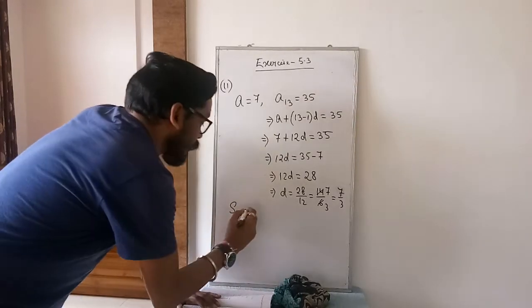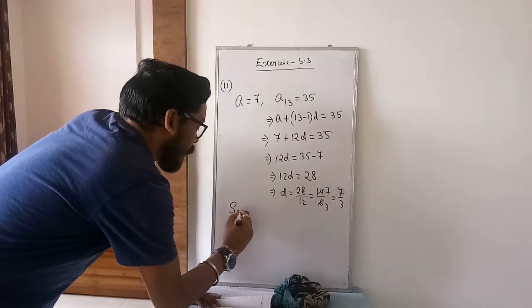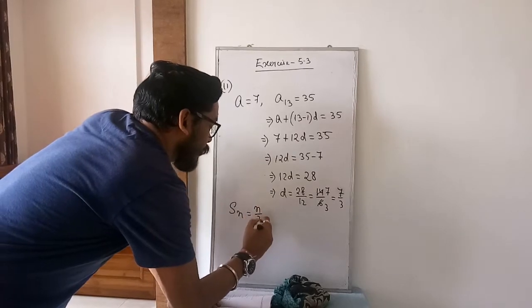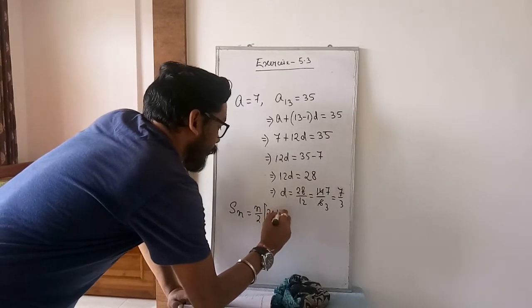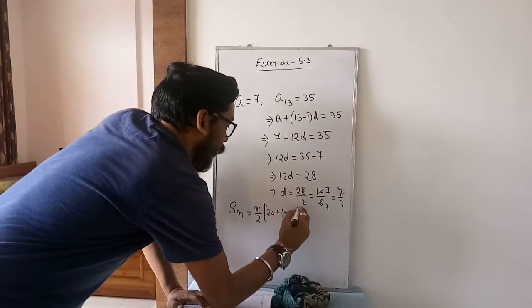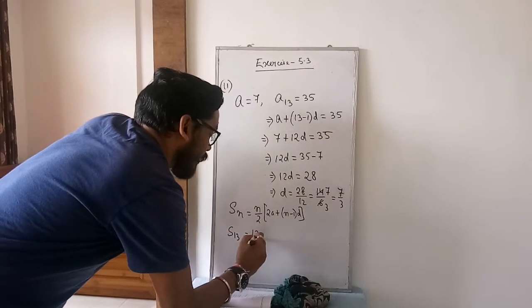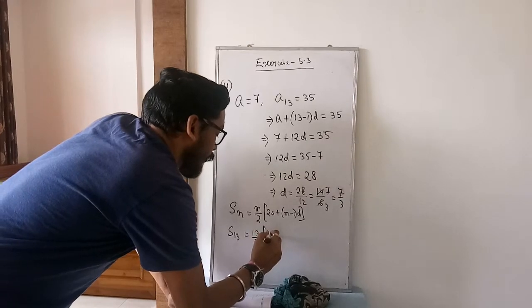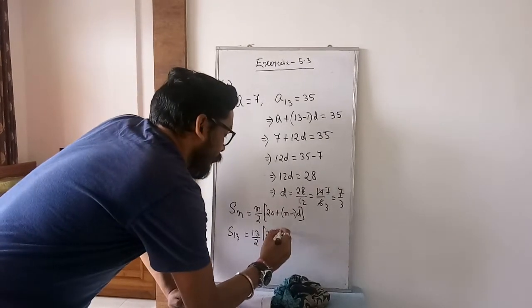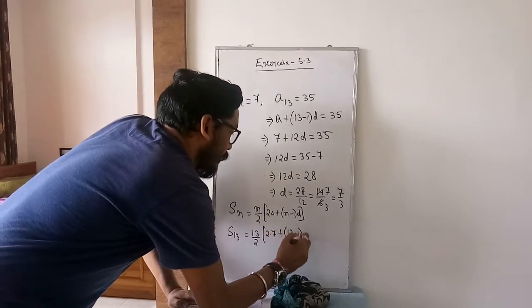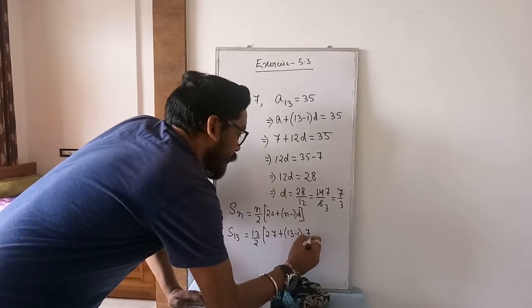S13. So Sn, let me write first. Next step I put the values: n by 2 into 2a plus n minus 1 into d. I have to find out S13. So it is 13 by 2 into 2a. a is my 7. So it is 13 minus 1, and d is my 7 by 3.